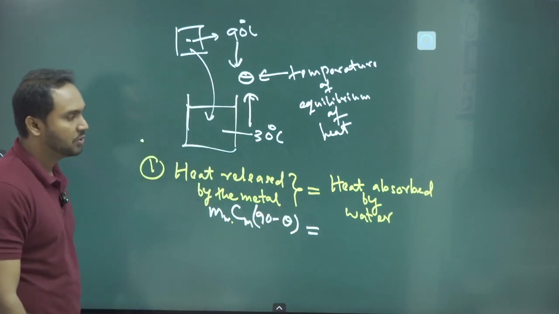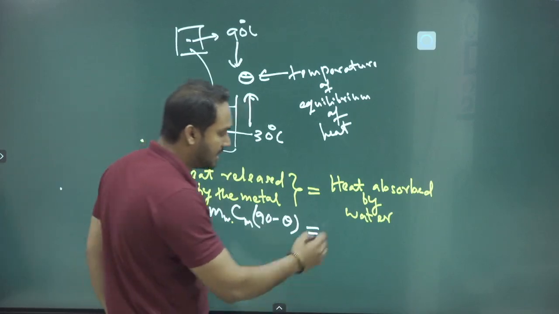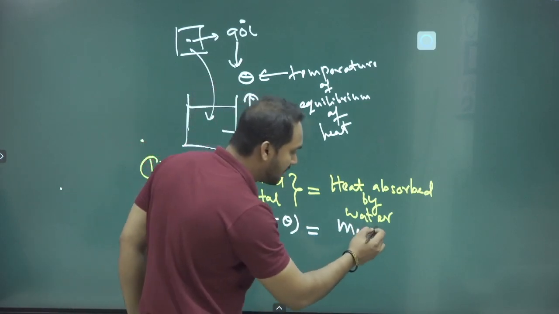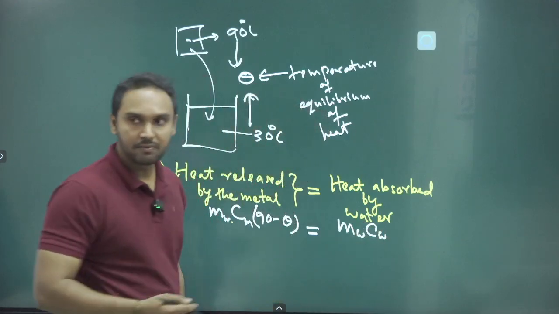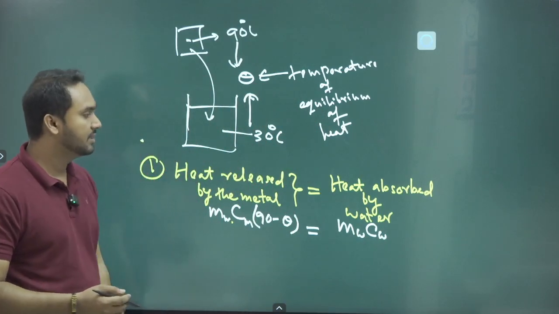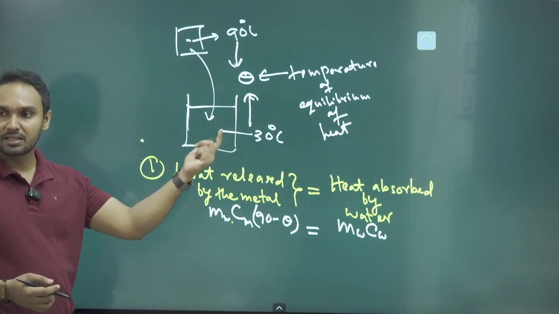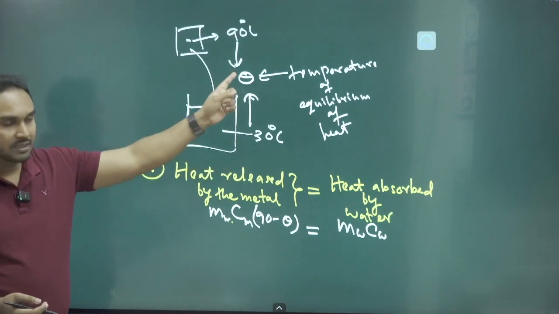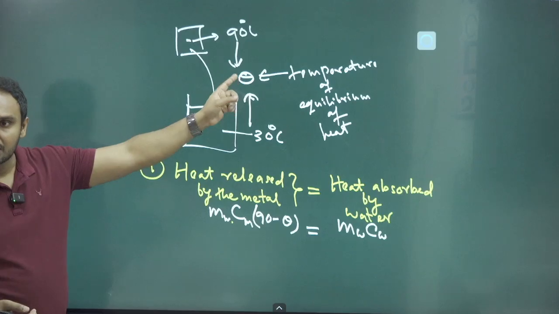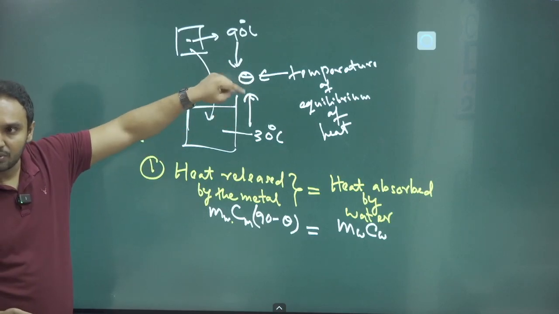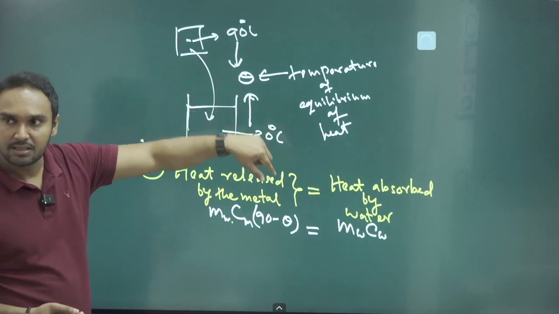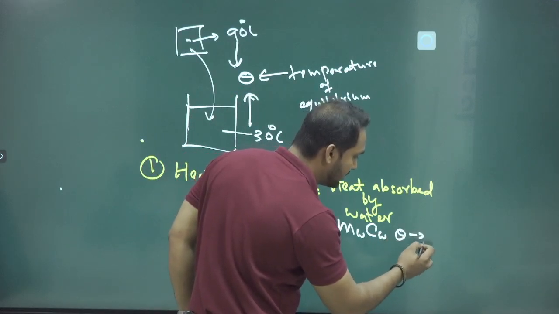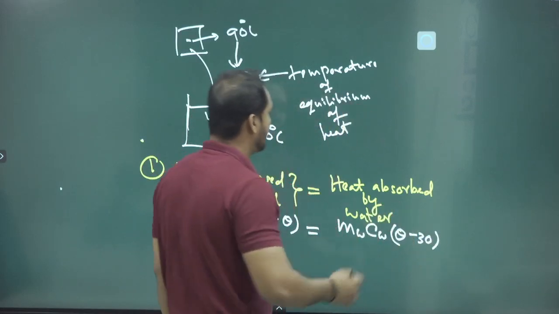Equals the heat absorbed by the water, which is mW, the mass of water, and Cw, the specific heat capacity of water. And what is the temperature difference when they are absorbing the heat? The 30 increased up to theta. So the temperature difference is high to low, which is theta minus 30 degrees Celsius.